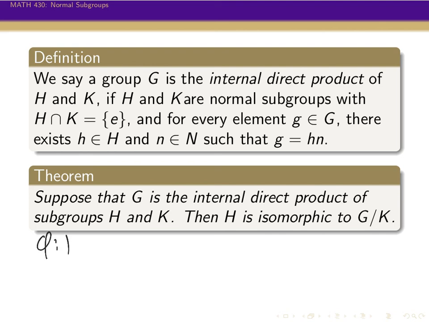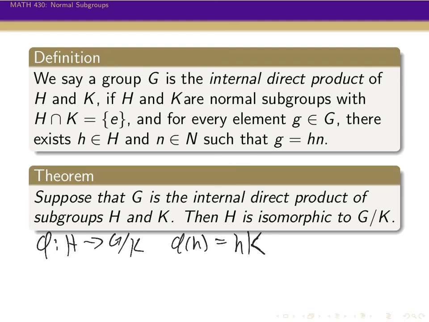The isomorphism phi from H to G mod K is going to send h to just the coset hK. Okay, and so my claim is that this is one-to-one and onto.